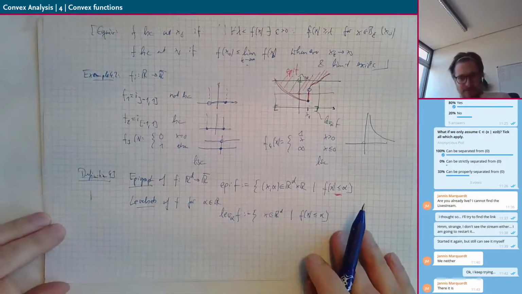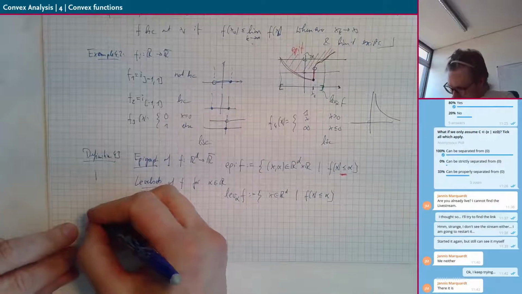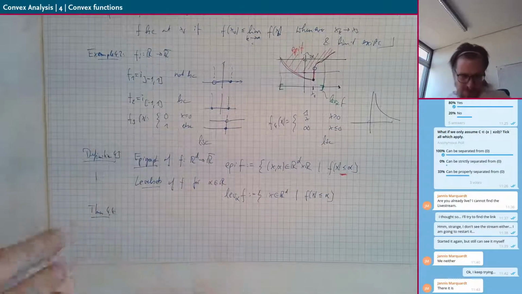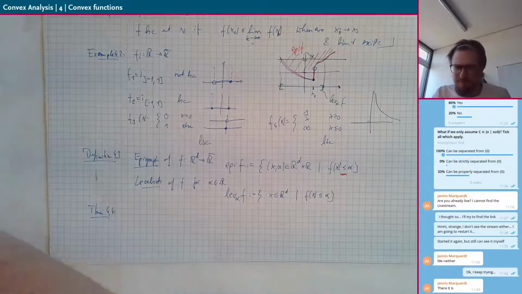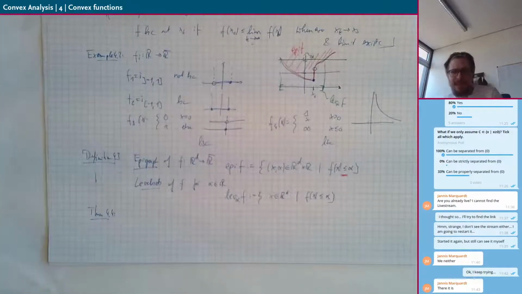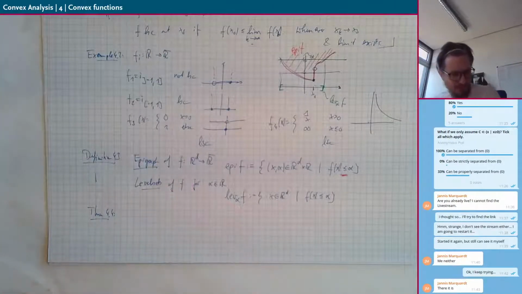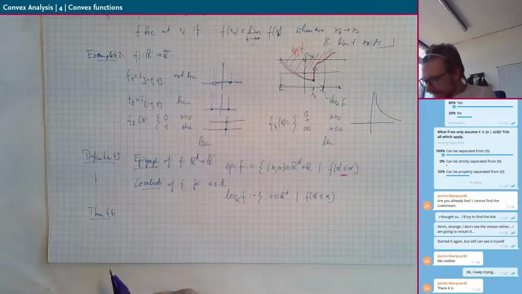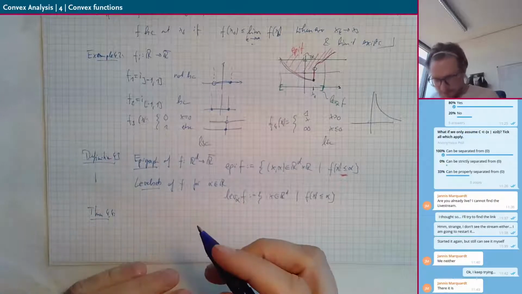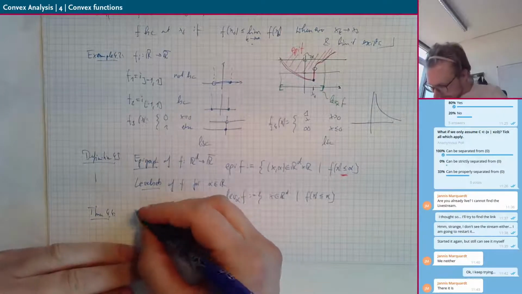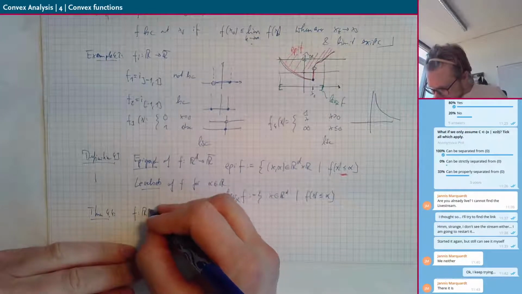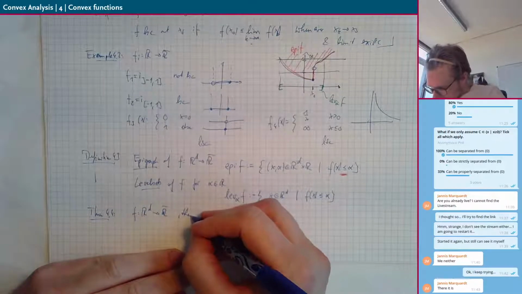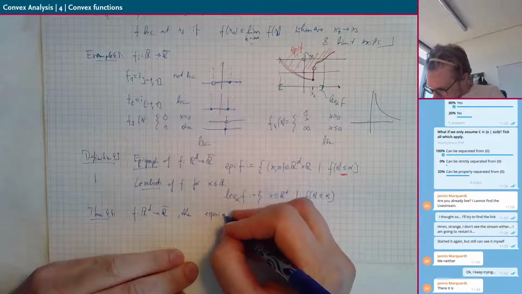And that's even the content of the next theorem. It says that the lower semi-continuity can be expressed by properties of the epigraph and the level sets. So if you have f from R^d to R, then the following are equivalent.